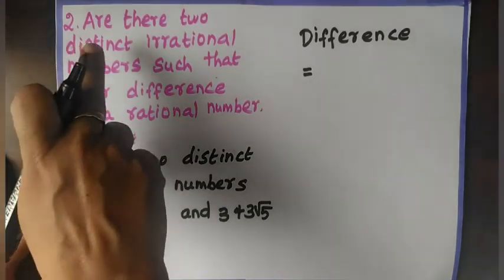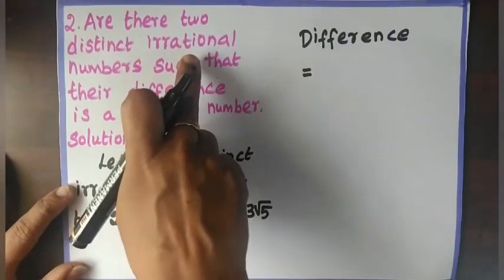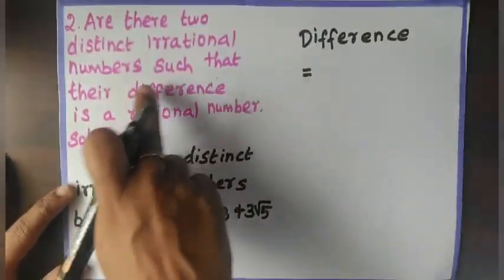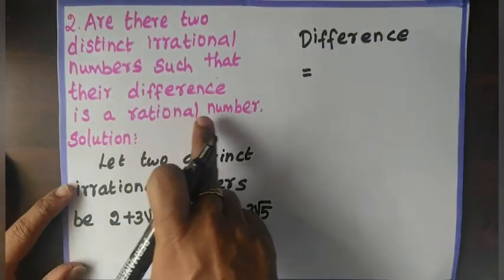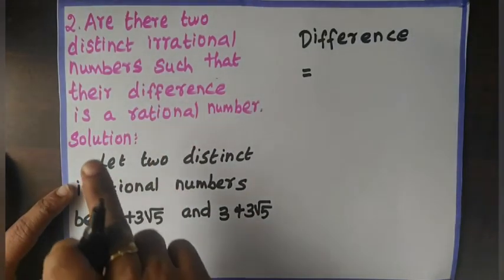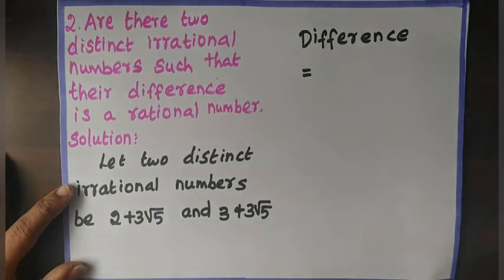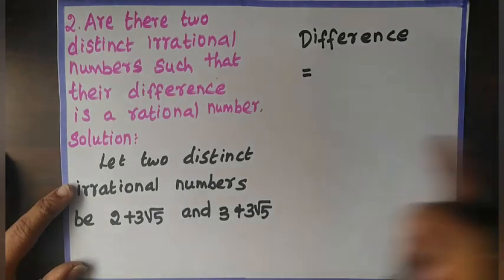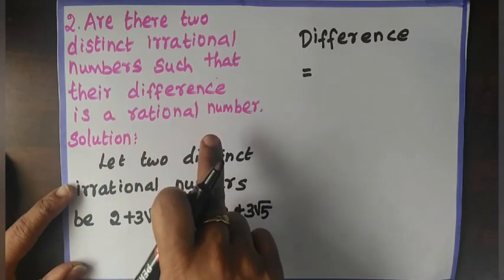Question number 2. Are there two distinct irrational numbers such that their difference is a rational number? Consider two distinct irrational numbers, find the difference and check whether we get a rational number or not.